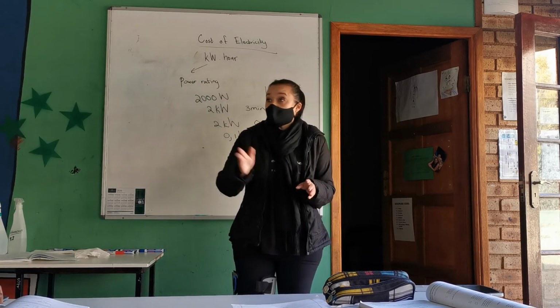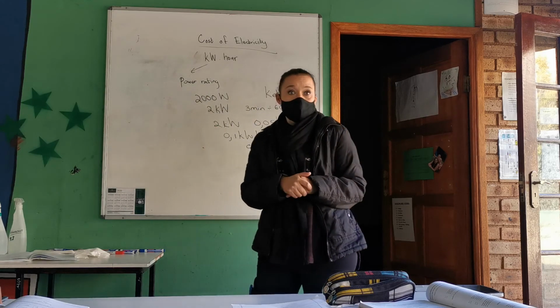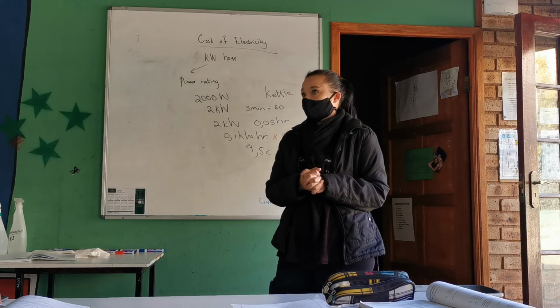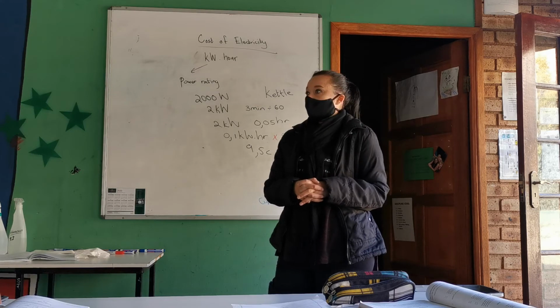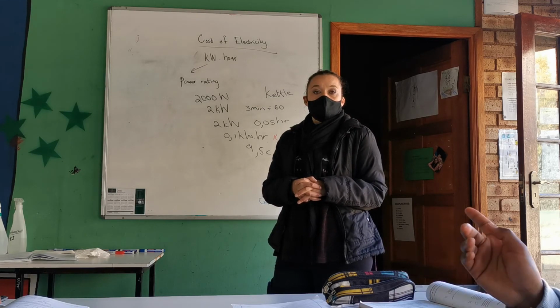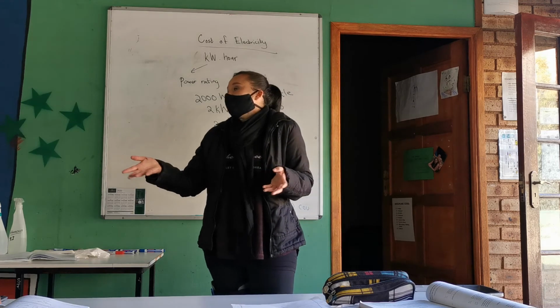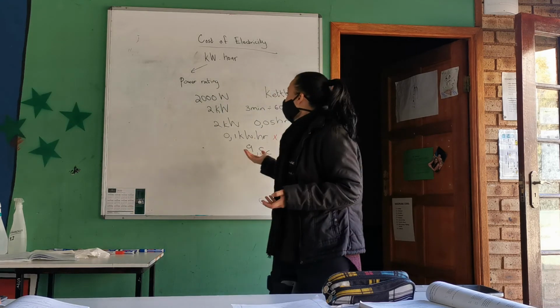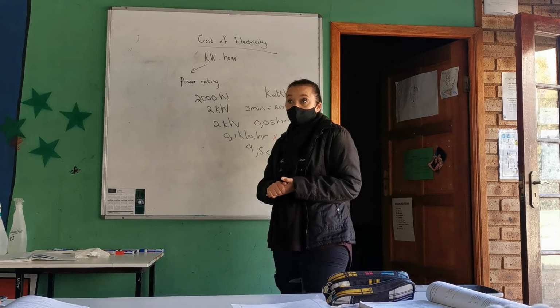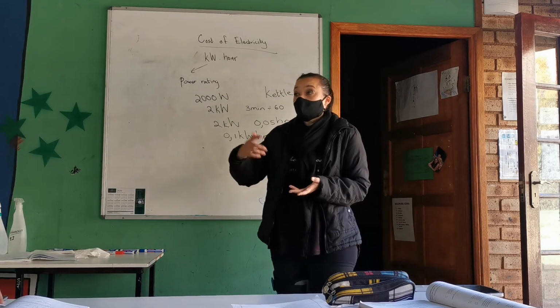No. My question is, why then do we get massive electricity bills? That's the thing, we don't just use our kettle. We don't only boil the kettle once a day. However many times we boil the kettle, we use that.